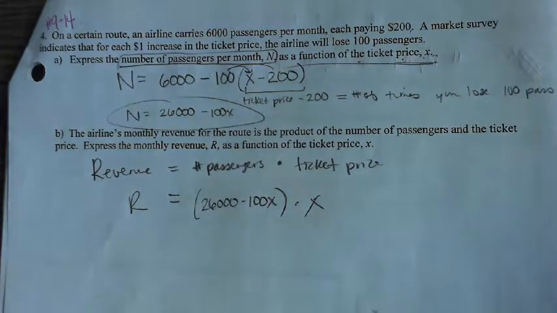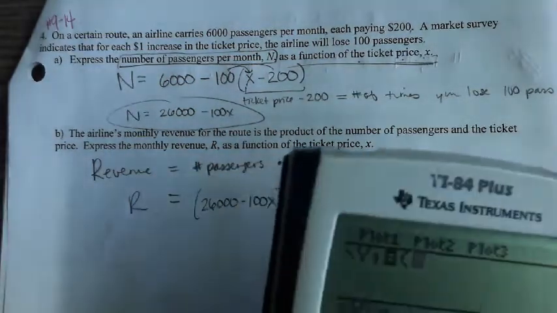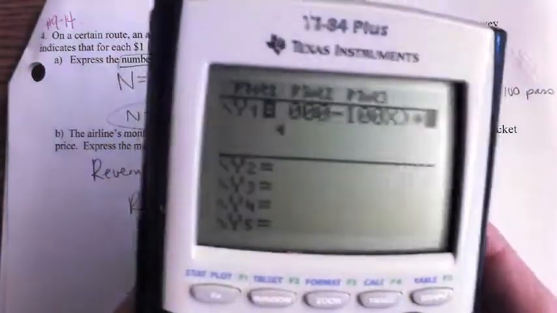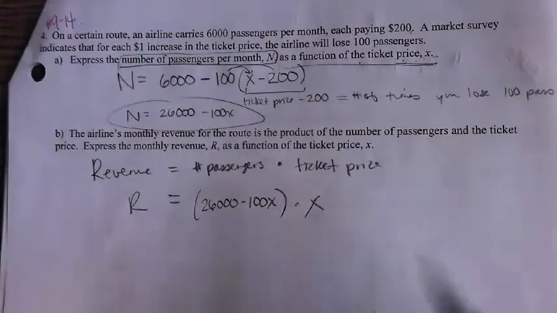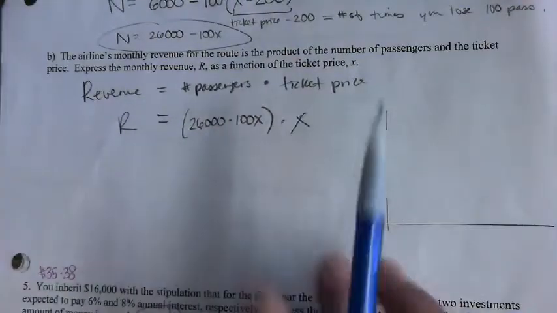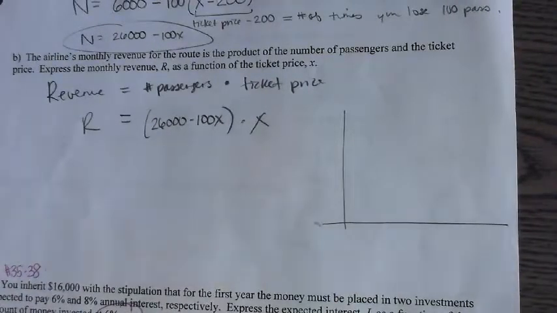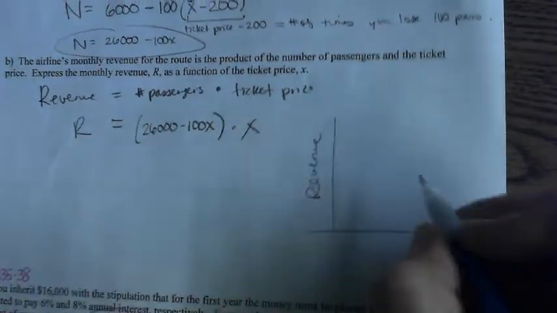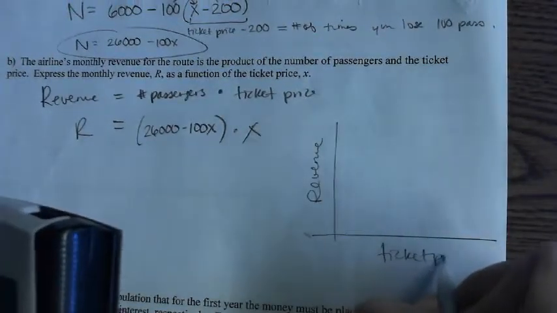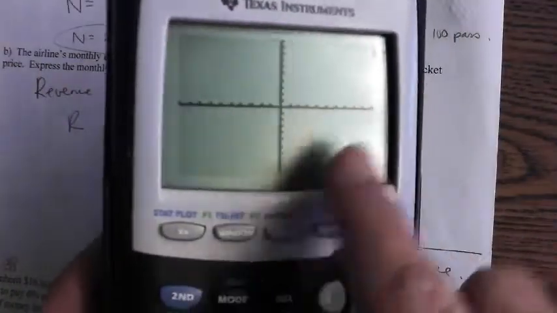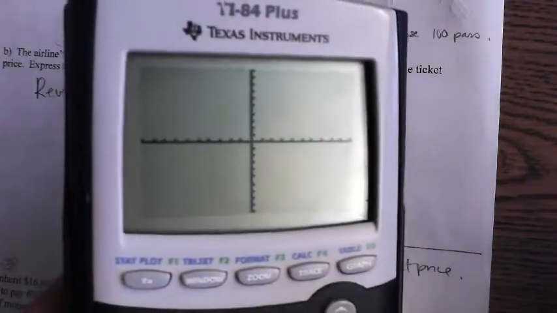So if I were, just out of curiosity, to graph this, my y-axis stands for what? Which variable is my y? Revenue, good. And x stands for ticket price. So when I'm setting my window for this, because I'll tell you, if I do zoom 6 and do -10 to 10 and -10 to 10, I'm not going to see anything.